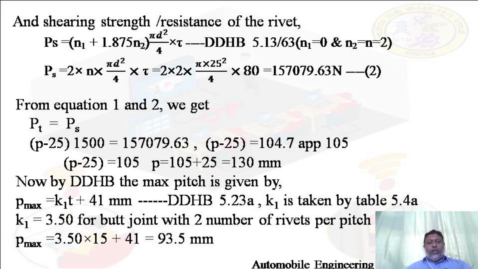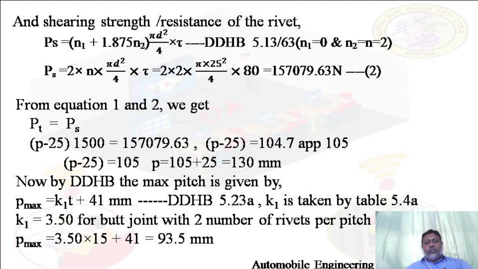And when you go by the equation for the maximum pitch, P max is equal to K1 T plus 41 mm. By the help of the design data handbook, equation 5.23a, K1 is taken from table 5.4a for a double riveted double cover butt joint. The K1 constant is taken from table 5.4 and its value will be 3.5.